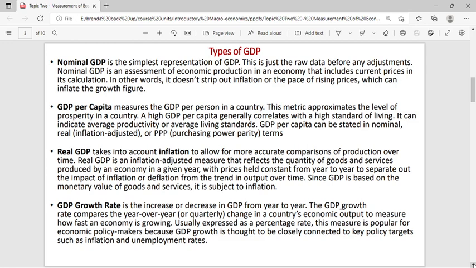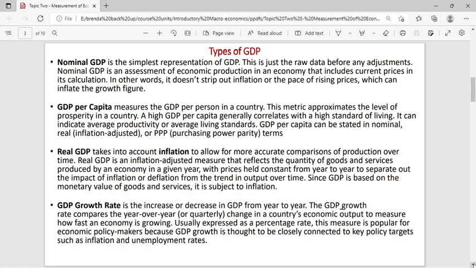The other type is the GDP per capita, which basically looks at the GDP per person. Here we are interested in what every individual in the country generally earns, which affects the standard of living. So the GDP per capita can indicate the average productivity or average living standard of individuals.